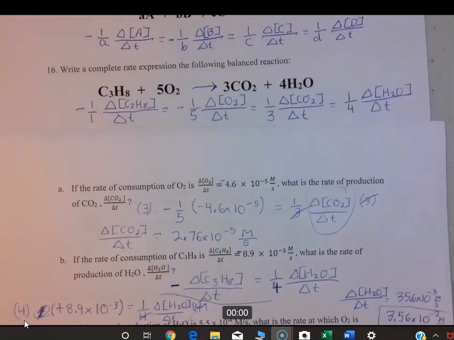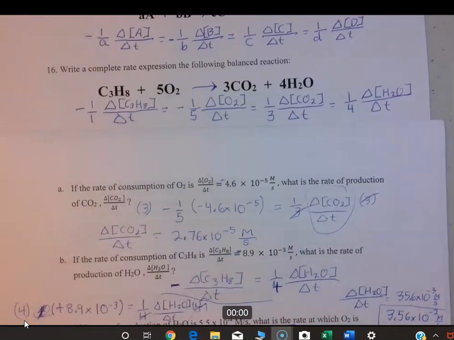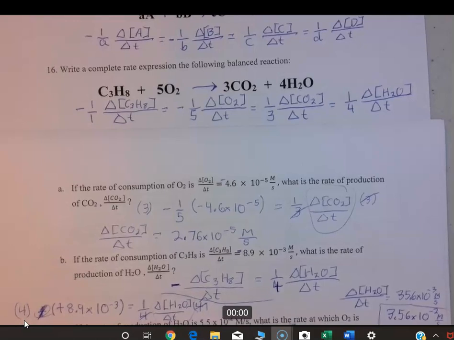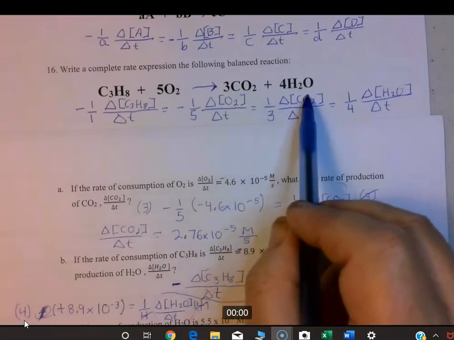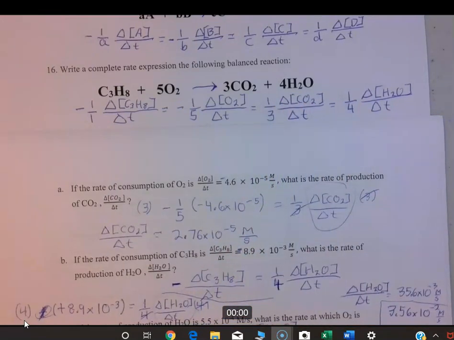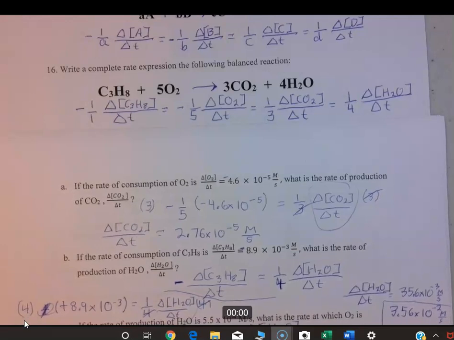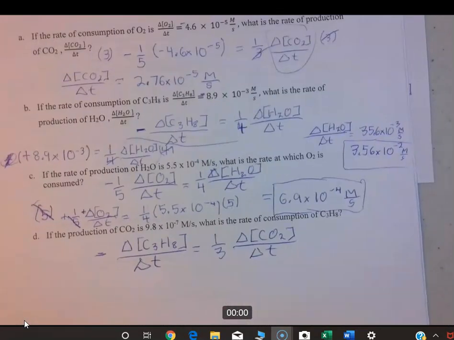So we come up here again, and we have negative delta C3H8 over delta T equals, and since it wants to know CO2 is 9.8, CO2 right there is 1/3 delta CO2, the change in CO2 concentration per change in time. Again, that's how fast it's going. Sorry, I'm off screen. I'll stay on screen now.